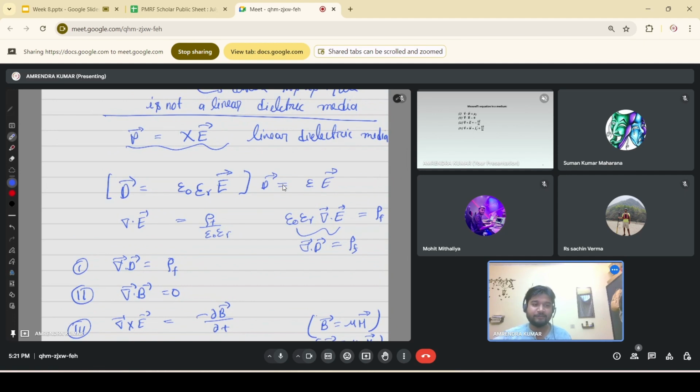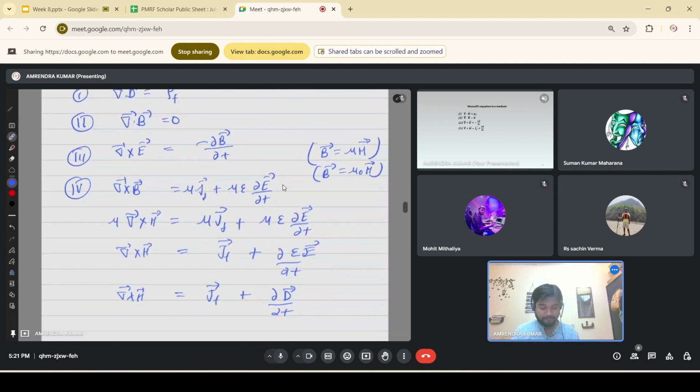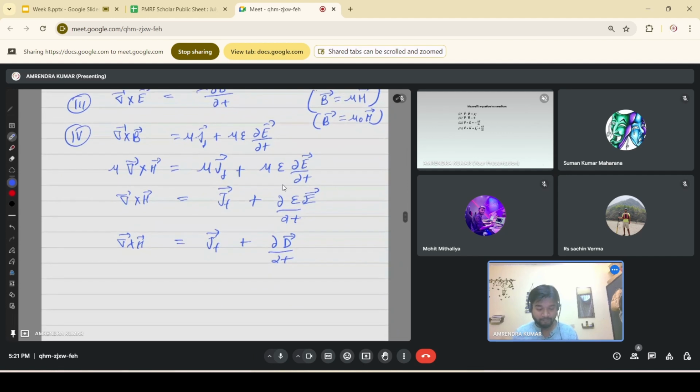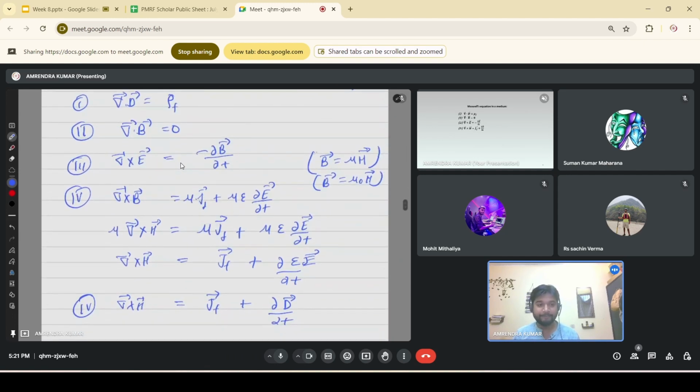Epsilon naught is just the permittivity in the vacuum, but this total thing you can write as epsilon. So the fourth equation becomes this. These are the four equations in a linear media.